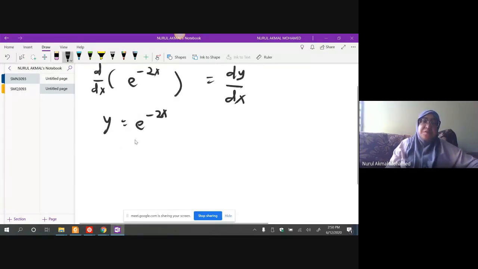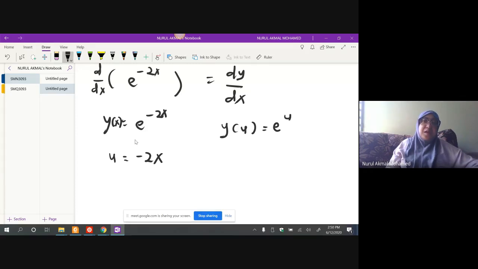We substitute u is equal to negative 2x. So y of x is e to the power of negative 2x, but y of u is equal to e to the power of u.